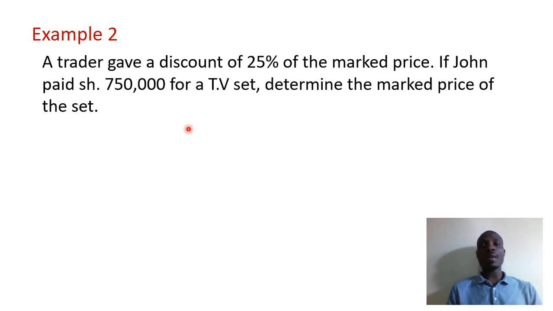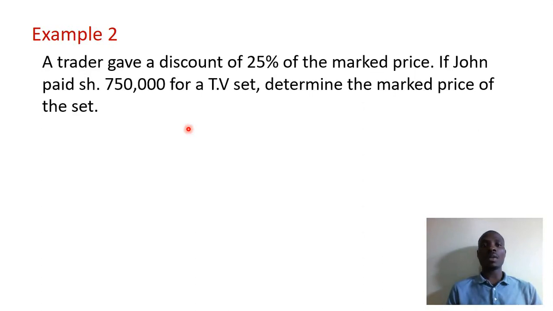They have also given us the percentage discount. So they want us to get the marked price. So we shall let the marked price be a letter, for example, X. It may be Y. It may be P. It may be M. Whatsoever letter you choose, you can let it be the marked price.